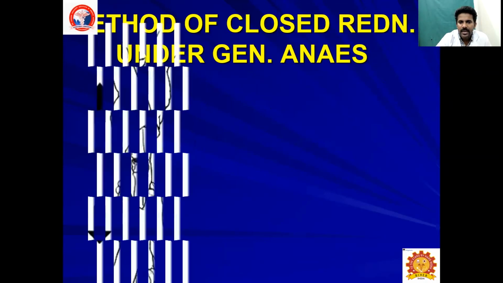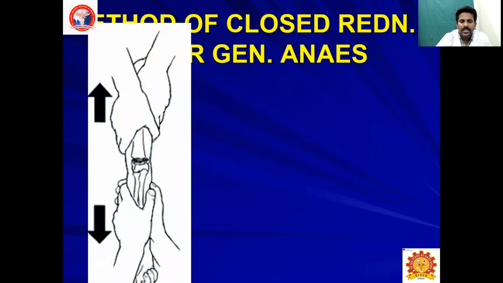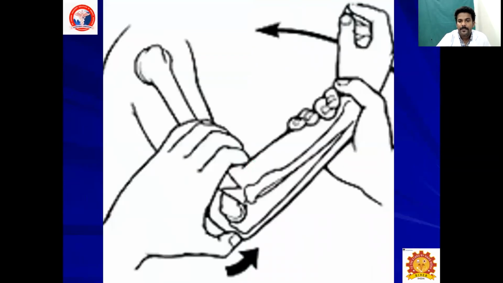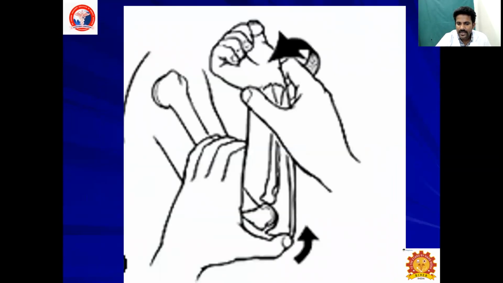Method of closed reduction under GA: you can see traction and counter traction applied, and you are correcting the rotational component of the fracture. You press over the olecranon tip using your thumb, so that the flexed fragment goes and sits exactly with the proximal fragment.